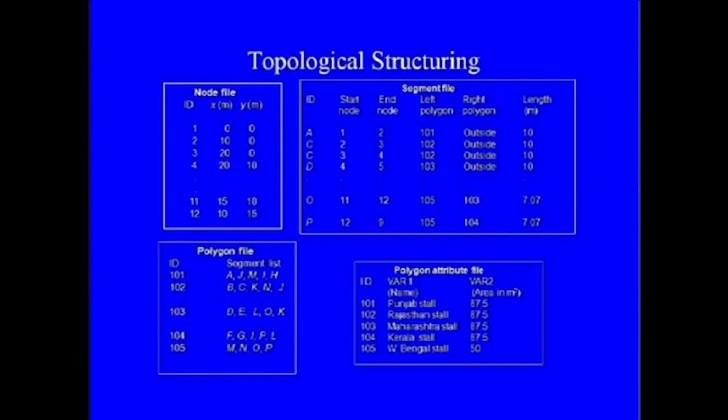Similarly, polygon 104, its name is Kerala stall and it again occupies an area of 87.5 meter square, while the polygon 105 is West Bengal stall and it only has an area of 50 square meters. Now, with this information, other activities such as charging of hire or rents can be undertaken.